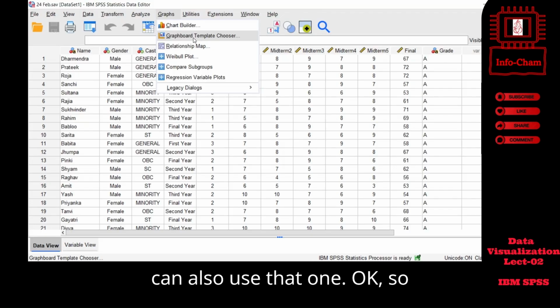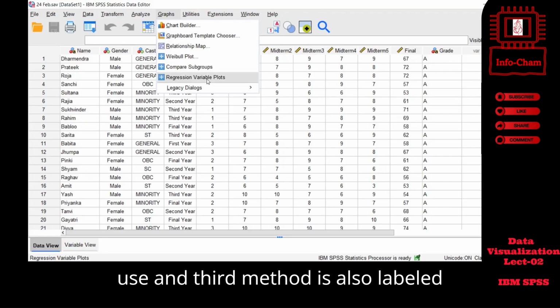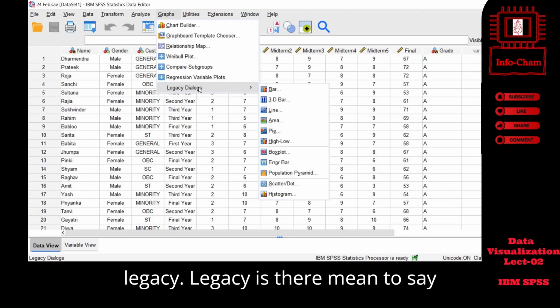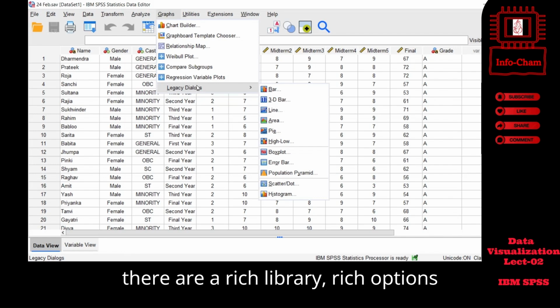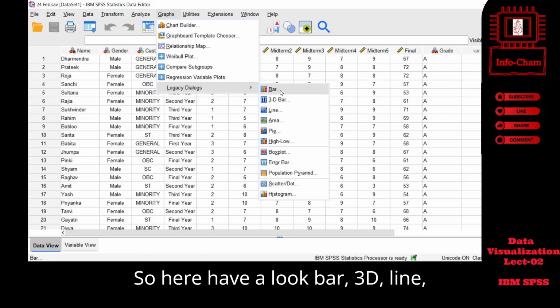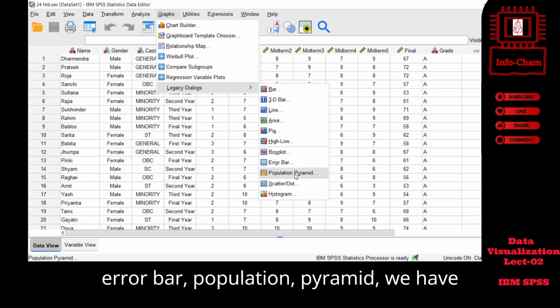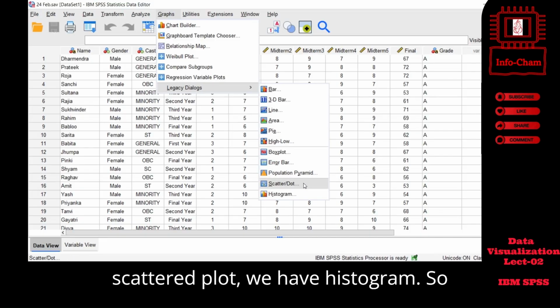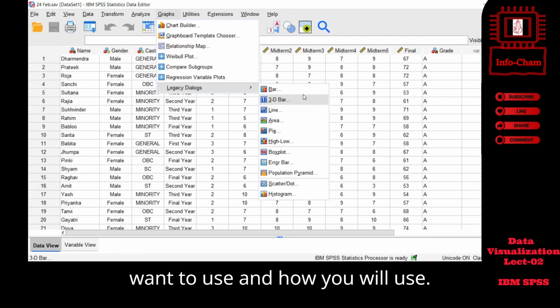And the third method is also available: Legacy Dialogs. It means there is a rich library of options for our chart builder. Have a look: bar, 3D, line, area, pie, high-low, box plot, error bar, population pyramid, scatter plot, and histogram. These are the most important and mostly used. It is your choice what you want to use and how you will use it.